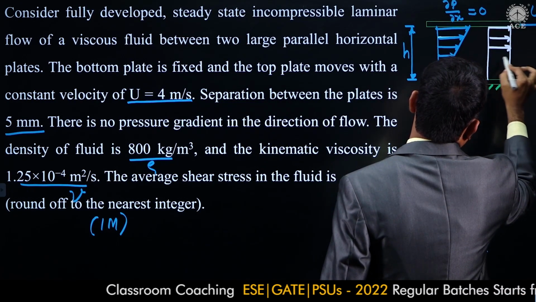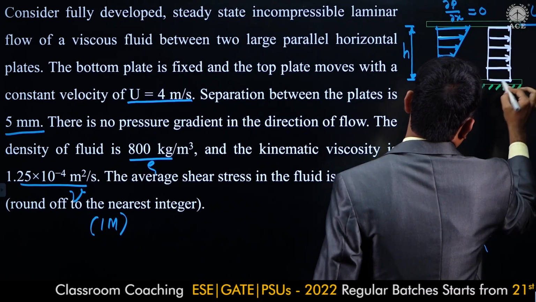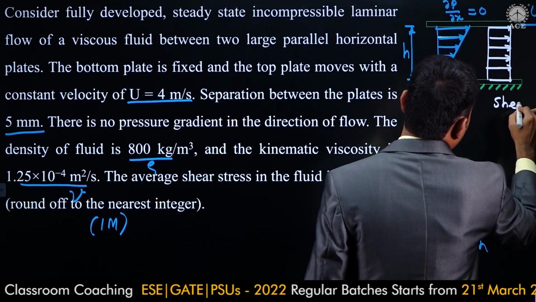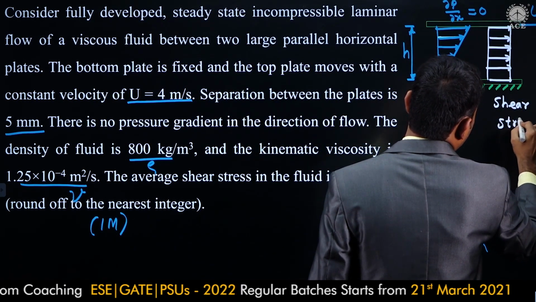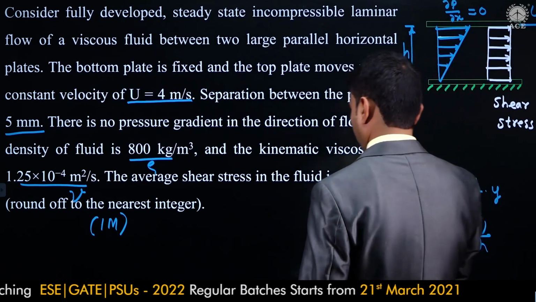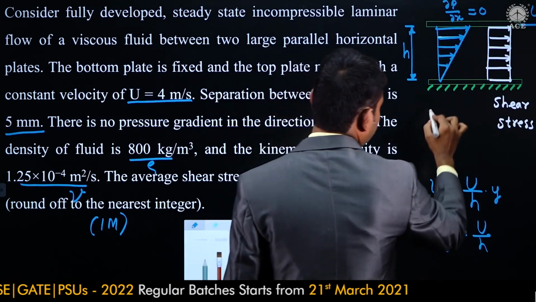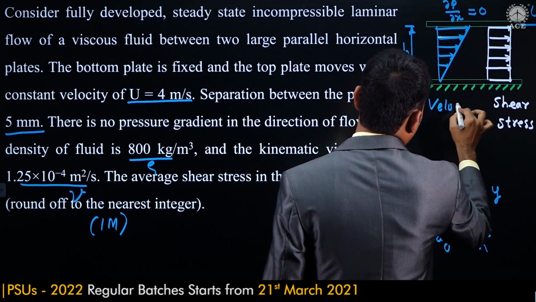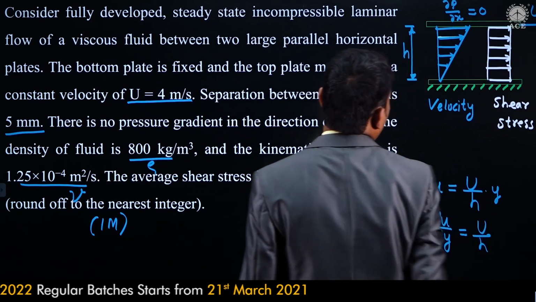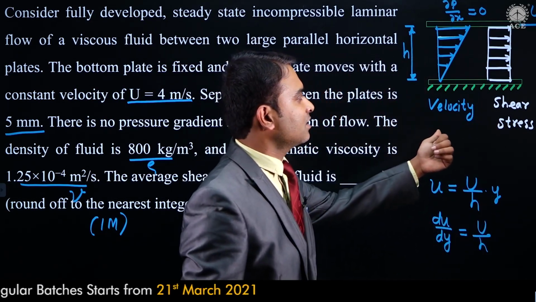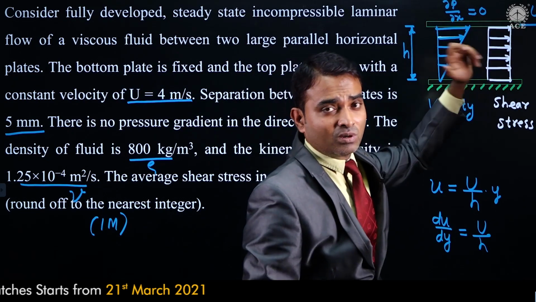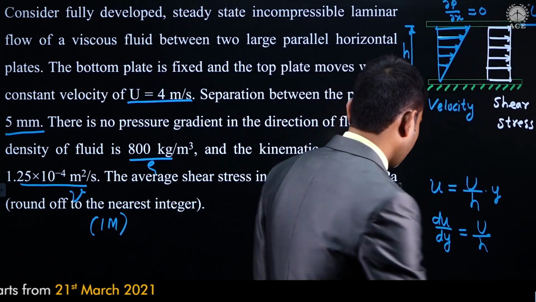Everywhere shear stress is constant. So this is shear stress. First one is velocity, right? So what is asked in the question? Shear stress. So everywhere shear stress is same. So no need to specify location.